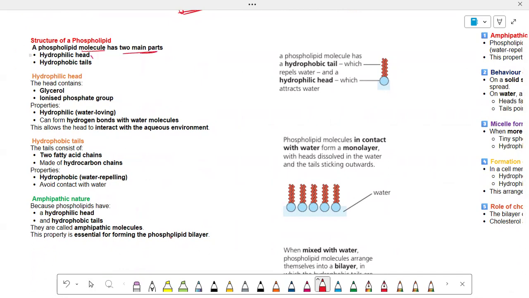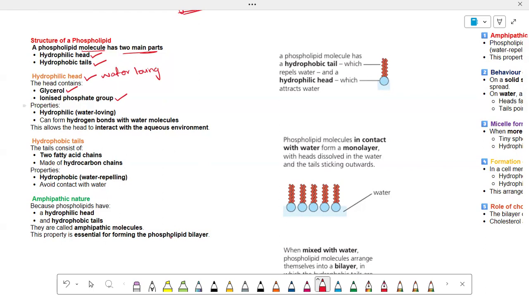First is the hydrophilic head, and the other one is the hydrophobic tails. Hydrophilic means water loving, so it is attracted towards water, and this head is made up of glycerol and an ionized phosphate group.